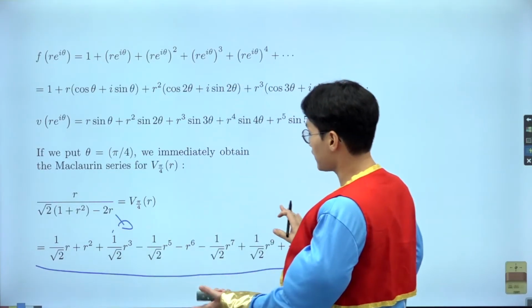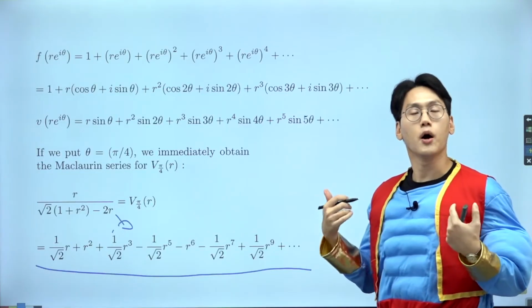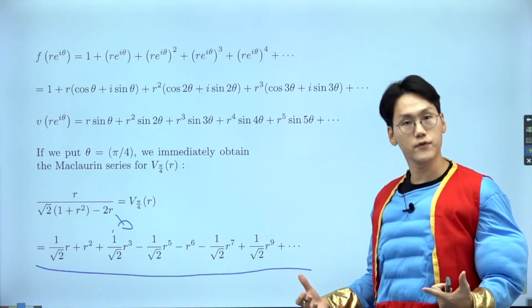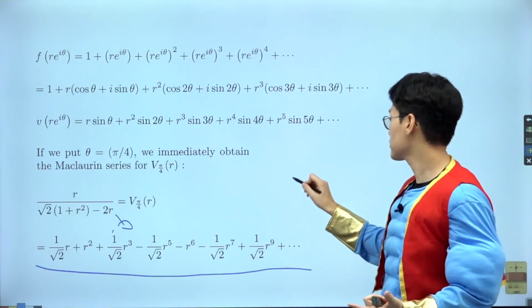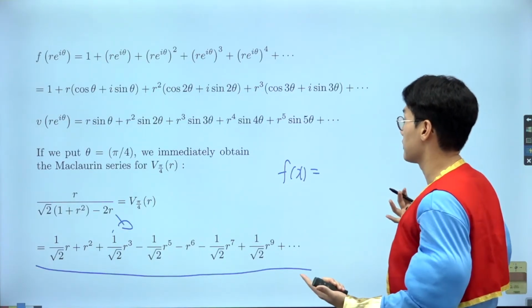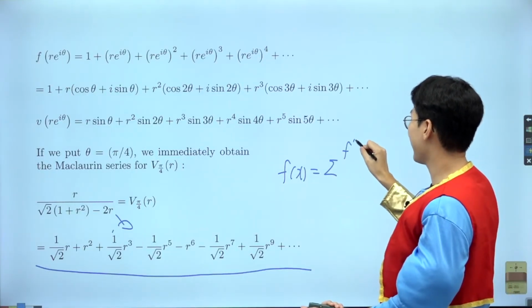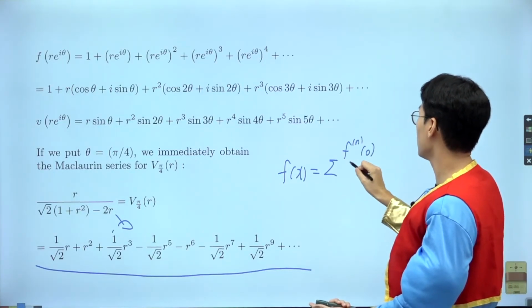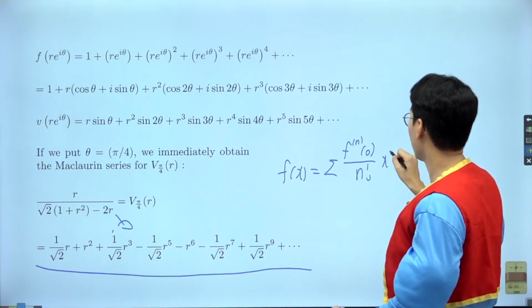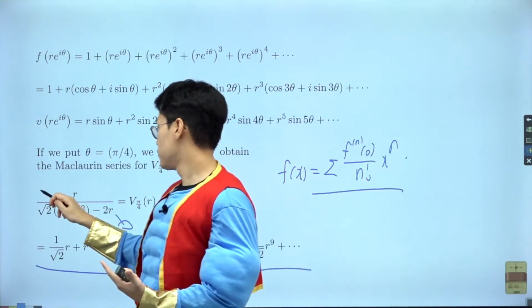Okay, so that's very nice, because imagine that I wasn't using this geometric series approach, but was finding the coefficients of the Maclaurin series directly. For the function, if you want to describe it as a power series, the sum of an infinite series of polynomial terms, what we had to do was find the nth derivative, plug in 0, and divide by n factorial, right? And that could have been very complicated, because this function is a rational function.